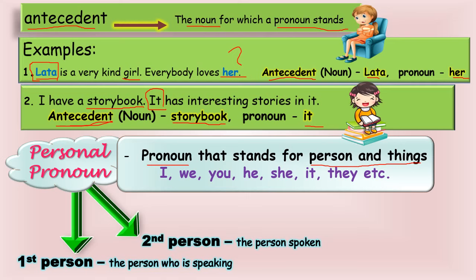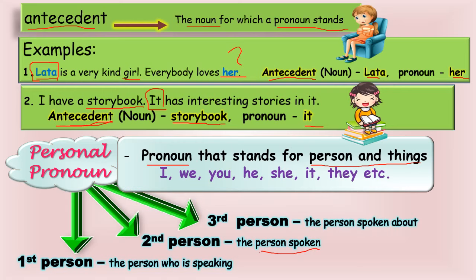Second person: a person who is listening, the person spoken to. Third person pronoun is the person spoken about. First person, a person who is speaking. Second person, a person who is listening. And the third person, a person about whom we are talking.